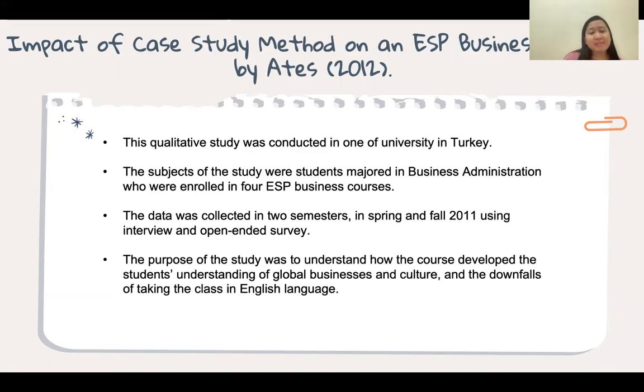The data were collected in 2 semesters, spring and fall 2011, using interviews and an open-ended survey. The purpose of the study was to understand how the course developed the students' understanding of global business and culture, and the downfalls of taking the class in the English language.